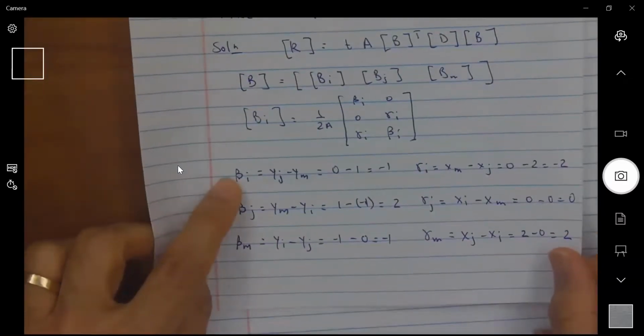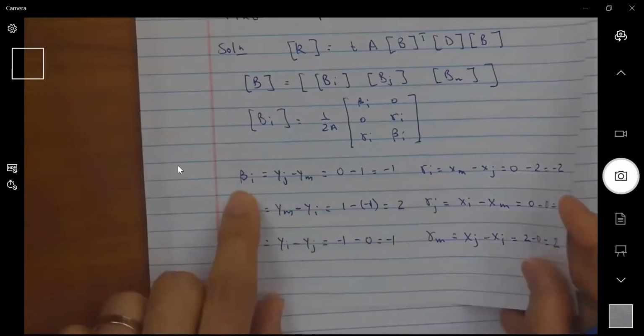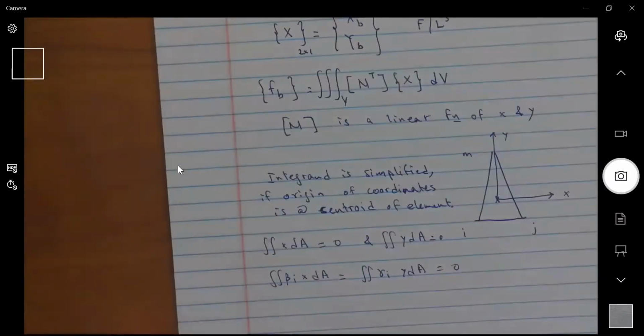We were just looking here at beta I and gamma I. So beta I is equal to yj minus ym, and gamma I was xm minus xj.